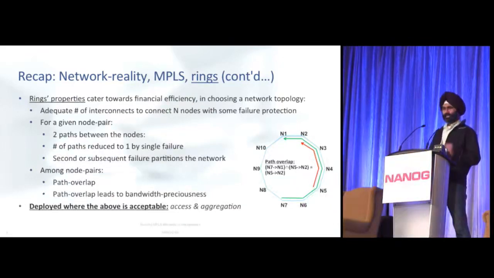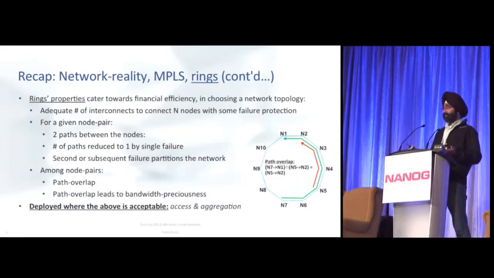So basically, having just two paths between any two nodes leads to there being significant path overlap in traffic between any pair of nodes. So for example, in this picture, the path for traffic going from N7 to N1, and the path for N5 to N2 have an overlap, as shown by the red line.